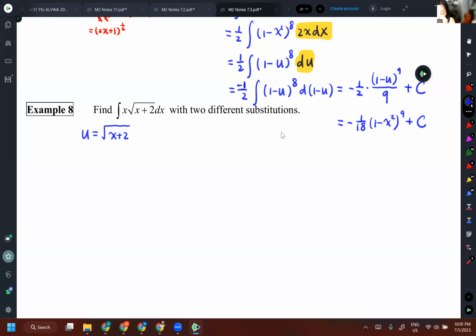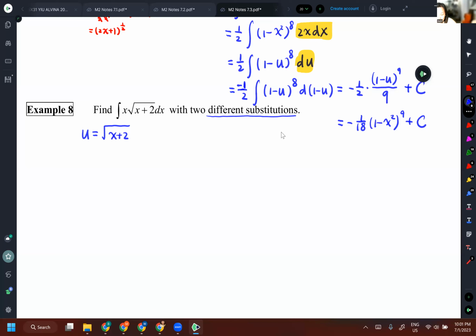Bear with me, I'm thinking which way is easier. Oh, this one is with 2 different substitutions. I guess we have to use this one then. This is one of my substitutions.